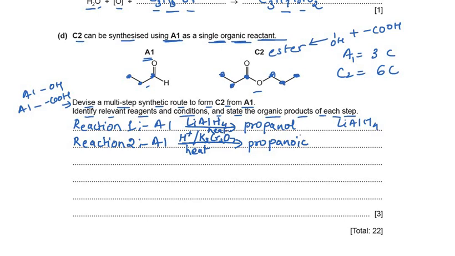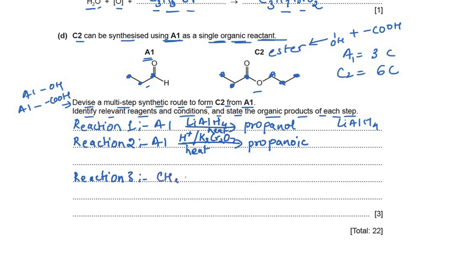So A1 is first changed to propanol, that is alcohol, and in the next step A1 is changed to the propanoic acid, and now both the products are going to react and form C2. So in reaction 3, let me specify the molecular formula.